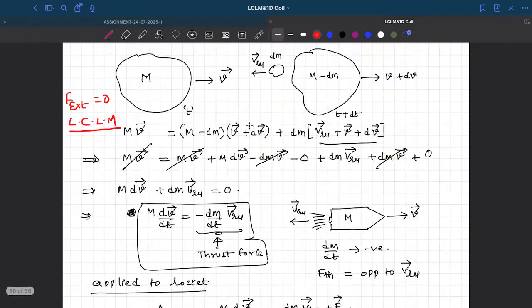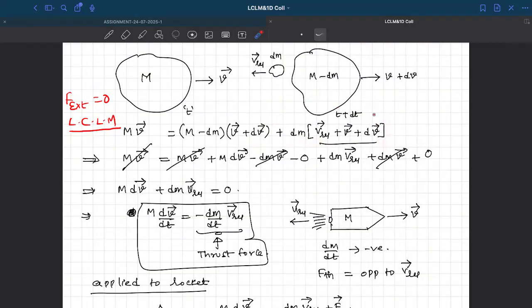The final momentum is (m minus dm) times (v bar plus dv bar), plus the momentum of this ejected part, mass dm times, remember, don't write v bar, it is v relative bar with respect to this.